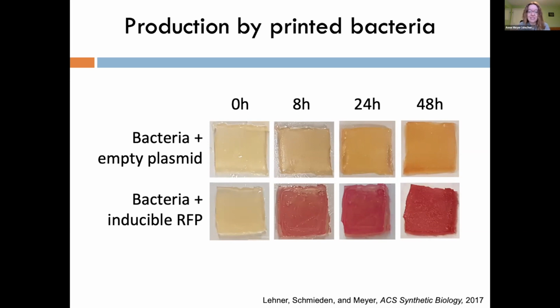That seemed to work fantastically, because the inducer, IPTG, is very small, so it diffuses well through our bio ink. So we were able to get really good production of RFP over time. Which gave us hope that we could make other bacterial products of our choice in our 3D printed structures.